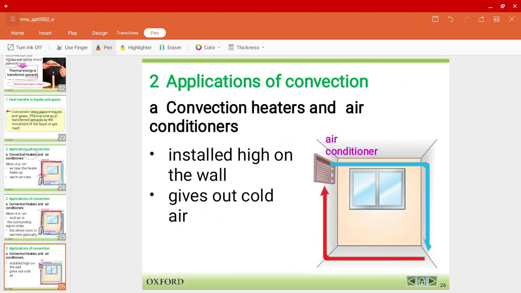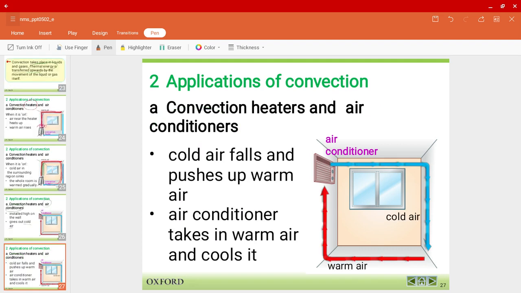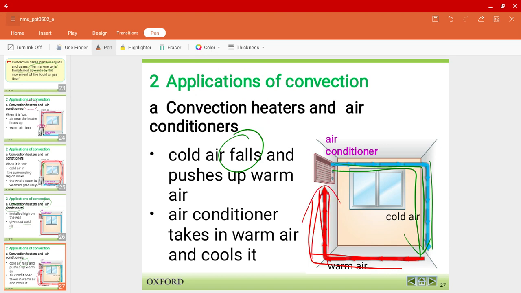On the other hand, let's also talk about air conditioners. As we know, we install them high on the wall, and the air conditioner gives out cold air. So how exactly does this work? Cold air falls and pushes. For example, cold air comes down and pushes up the warmer air that is on the ground. Remember, thermal energy always goes upwards, so the warm air would go upwards.